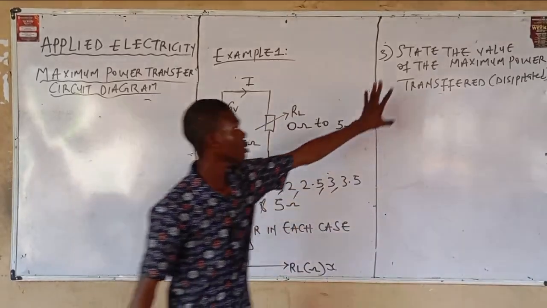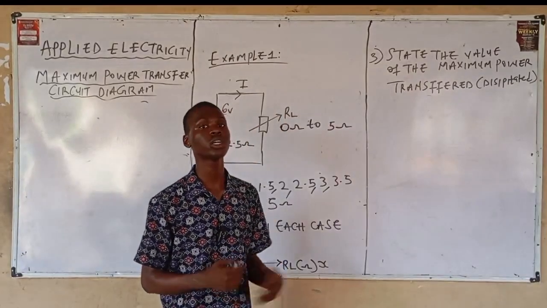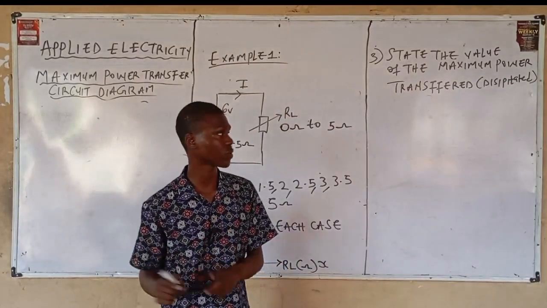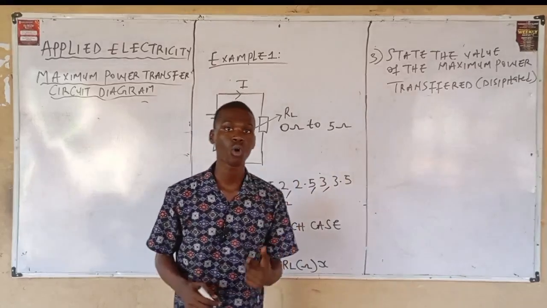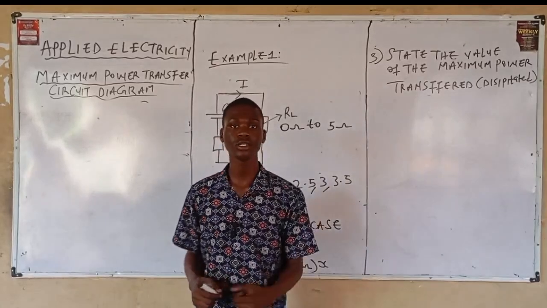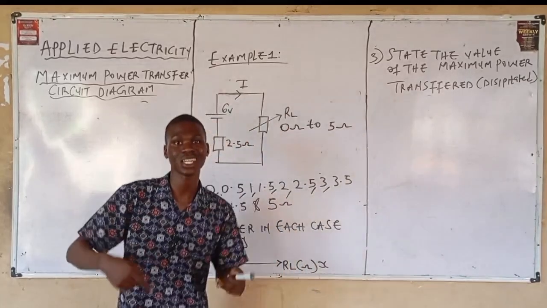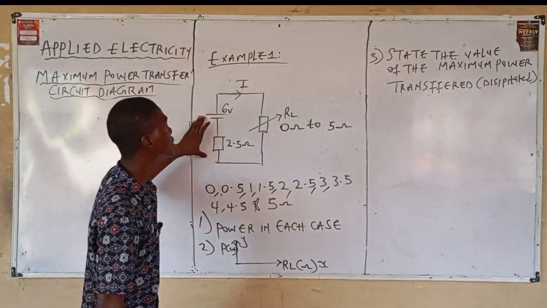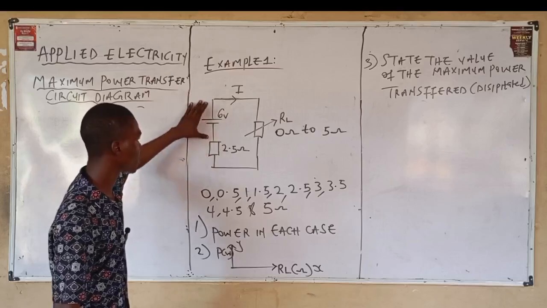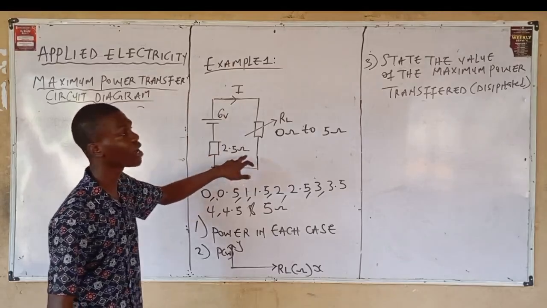Now, for your question 3, what's the condition for maximum power transfer? The condition is that maximum power occurs when the value of your load resistor is equal to the value of the internal resistance of the source. Say this is your source, having a dry cell of 6 volts and an internal resistance of 2.5 ohms.